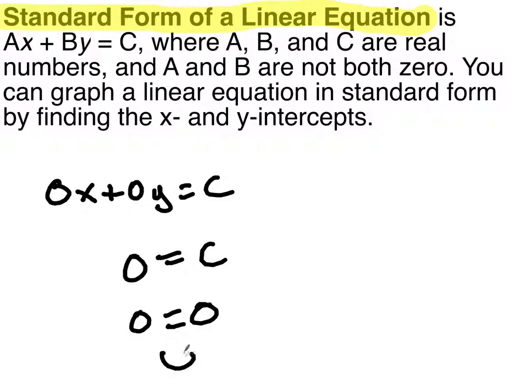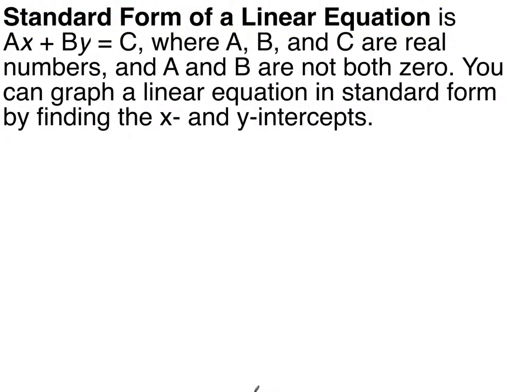Well, that's cool, and you could maybe draw a smiley face out of that, but it doesn't actually create a line. There's no line, it's just one value. So it's really important that A and B are not both 0. A good way to remember what standard form looks like is both of the variables are on the same side of the equation.